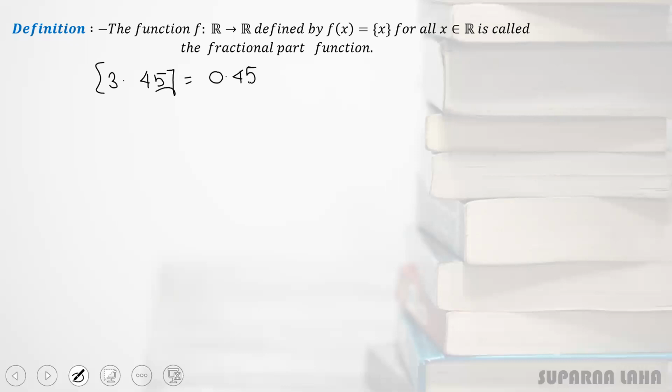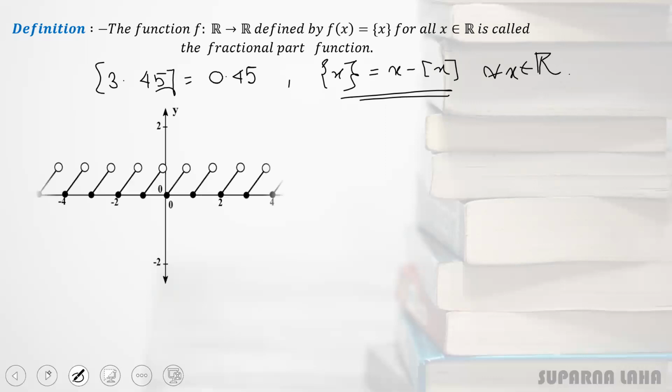So if we want to define this function in the form of box x, how could we define this one? We can define this function as second bracket of x is given by x minus box x, for all x belonging to R. So if we want to draw its graph, it will look like that.